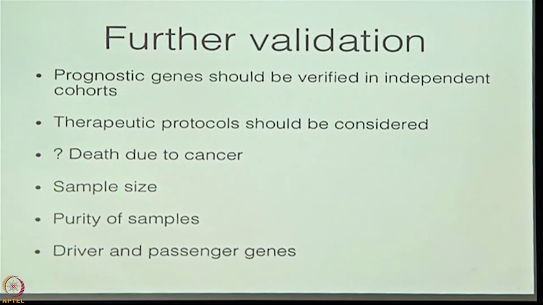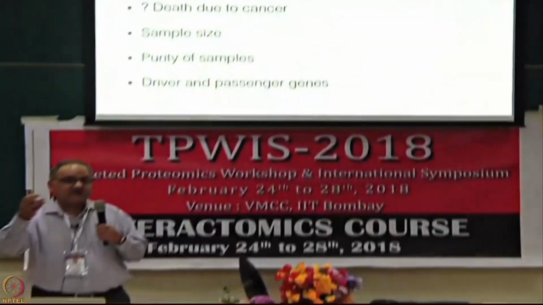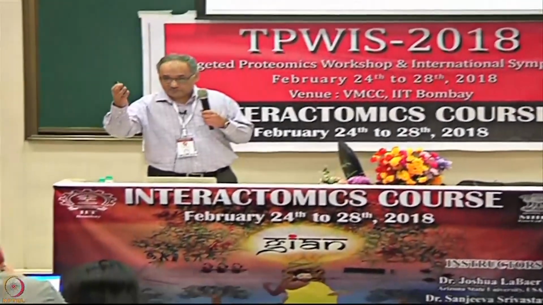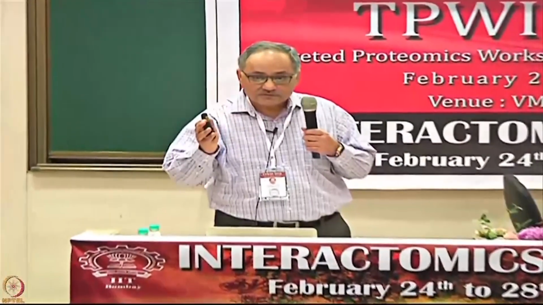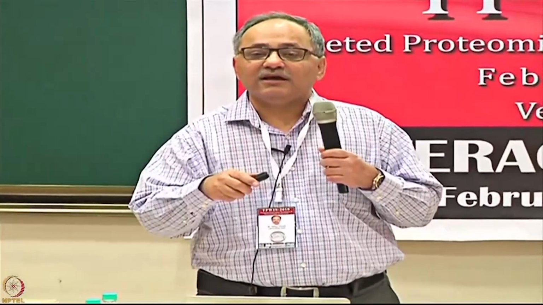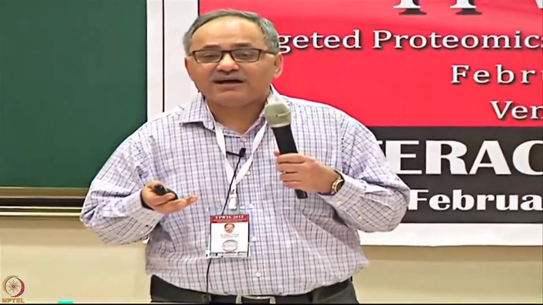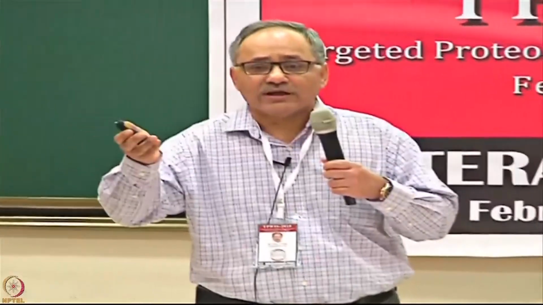That data is not available. Another point which was discussed earlier in the morning: how pure was the sample? People spoke about not being fixed on time, technical issues. Is that also confounding the data? And finally, out of all these prognostic genes, are all causing the cancer, or is some guy doing it and the others are just following? And what are those?